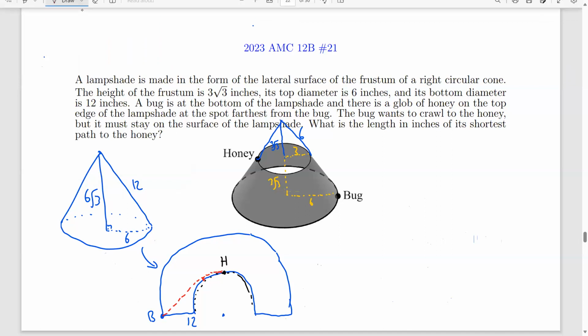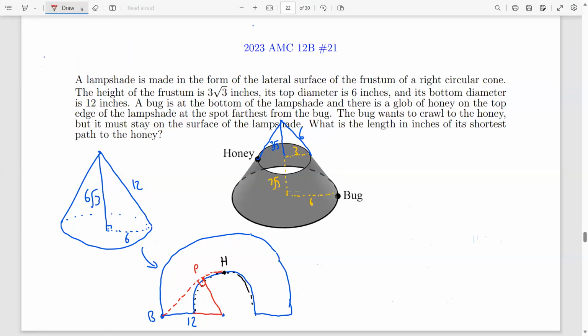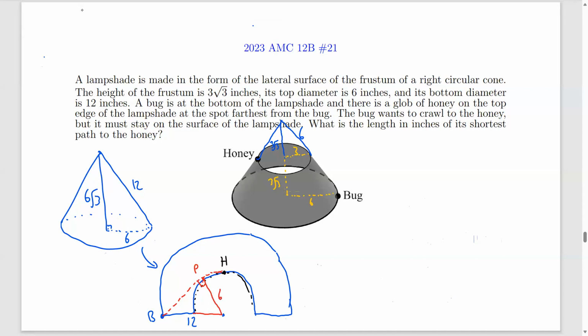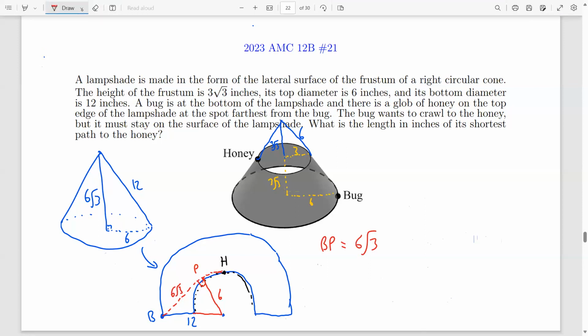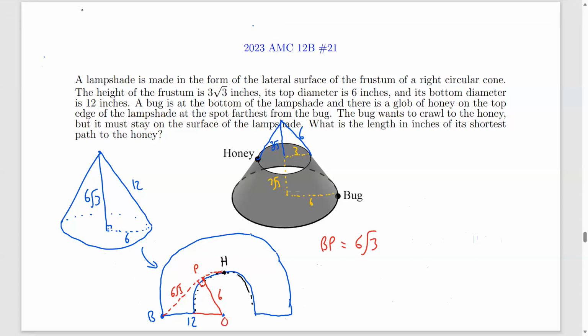So let's draw the tangency point, call it P. And since we know that the inner radius of this lateral surface is 6, you see that BP is 6√3. And if the center is O, triangle BOP is a 30, 60, 90.